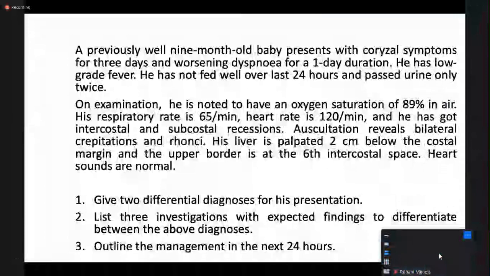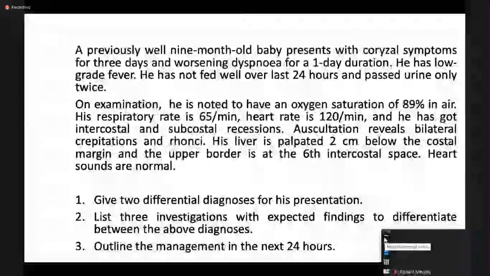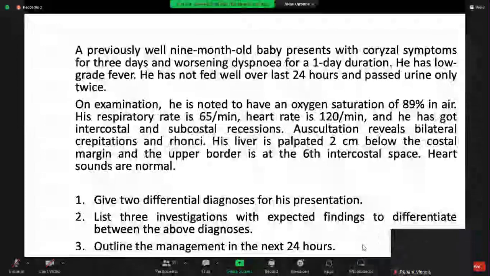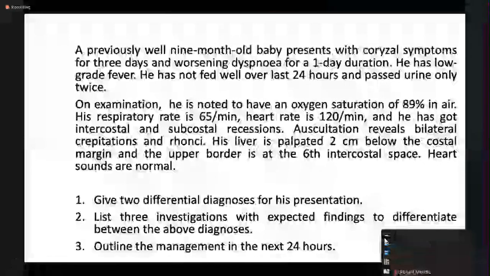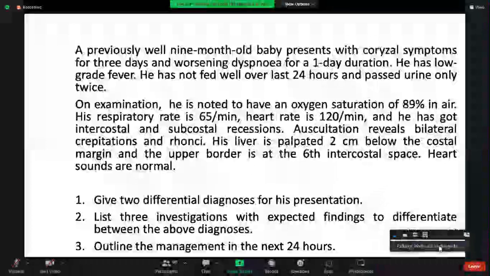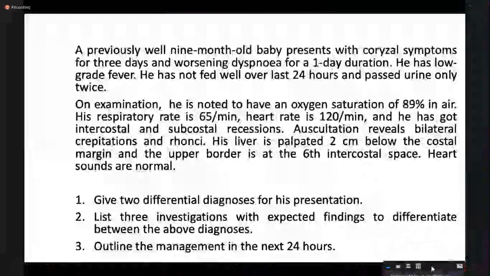Madam, I can volunteer. Is it Sujan? Yes, madam. All right. So Sujan, let's first discuss the history. Analyze this scenario with your keywords, and then tell us what you understood from this case.